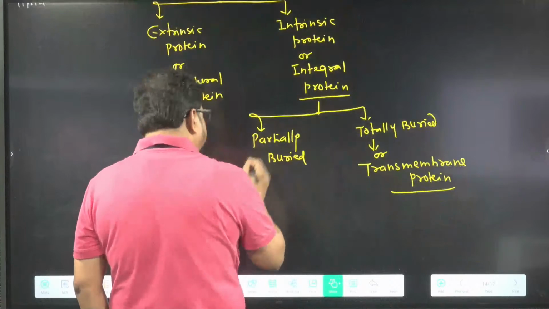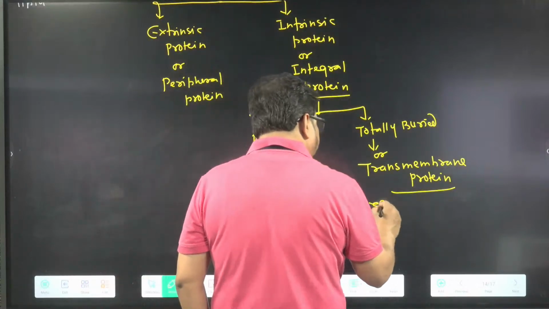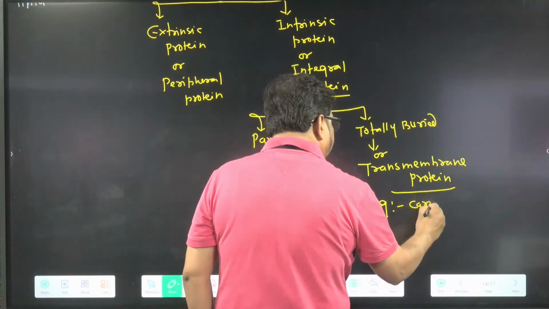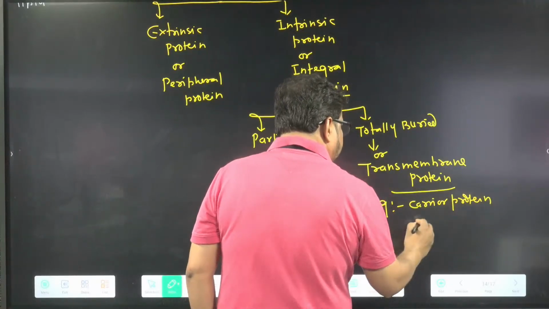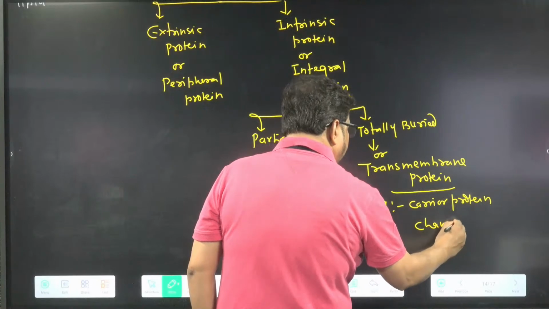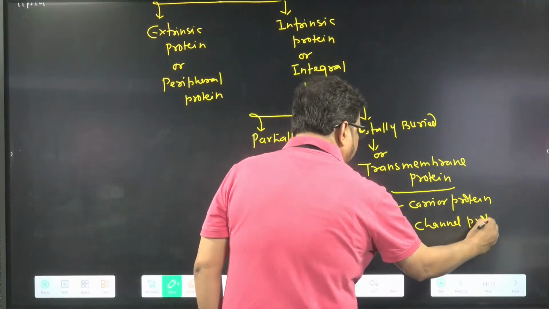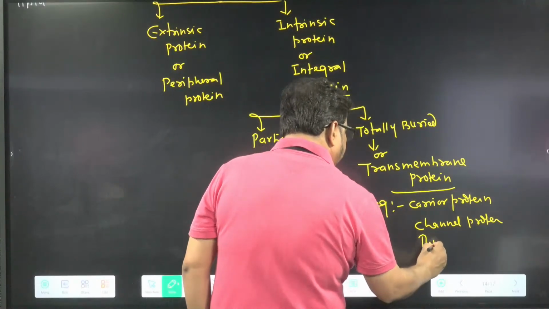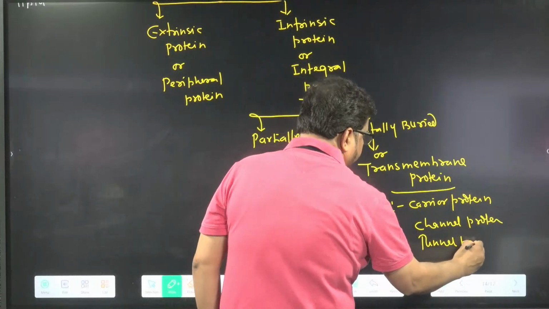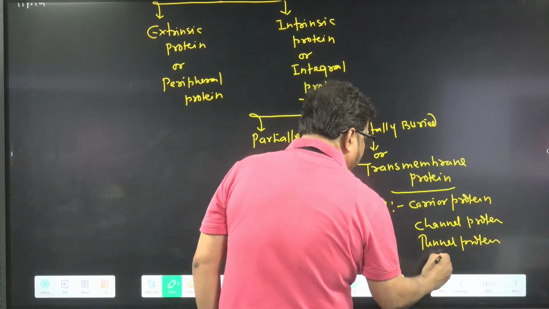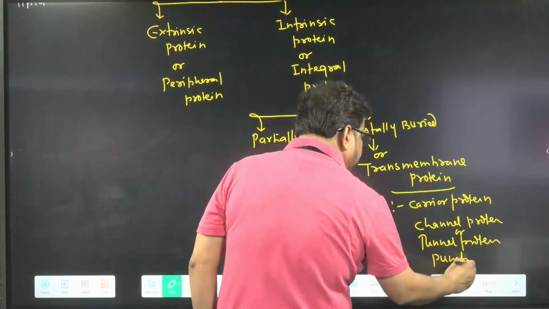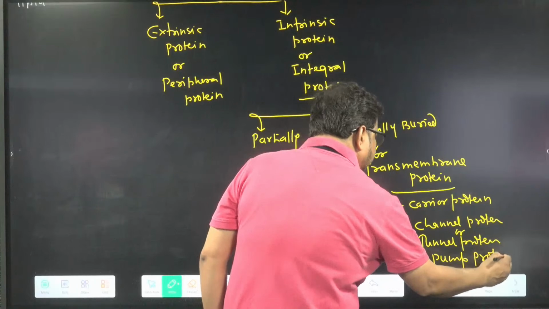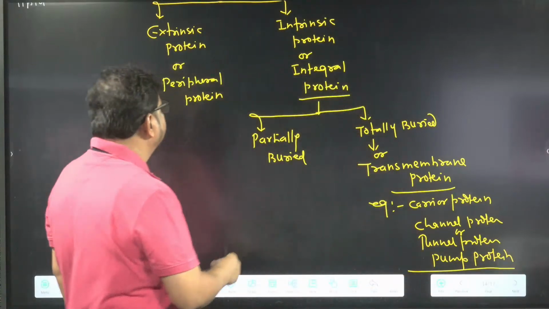Examples of transmembrane protein are carrier protein, channel protein, tunnel protein, pump protein. Carrier or channel or tunnel, same thing, pump protein. These are the examples. I will explain all of them, don't worry.